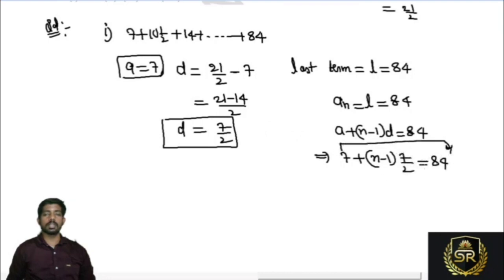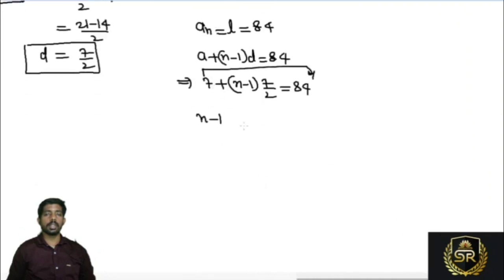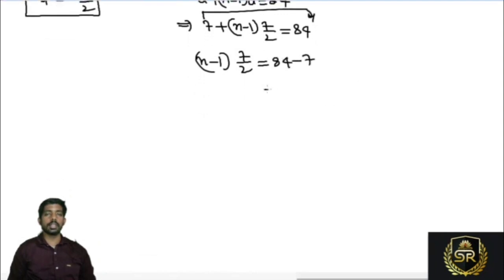Bring this 7 to the right hand side, so n minus 1 into 7 by 2 is equal to 84 minus 7, which is 77.